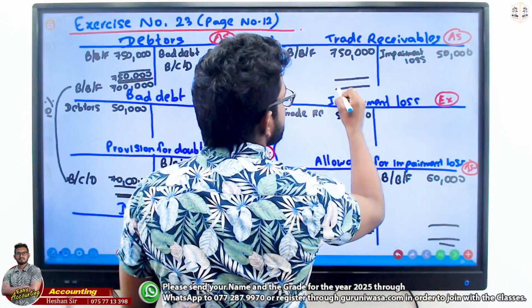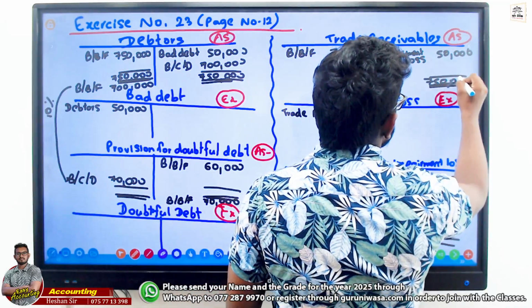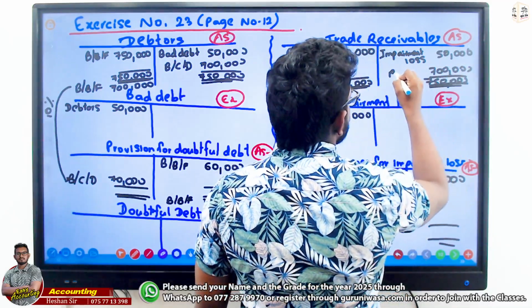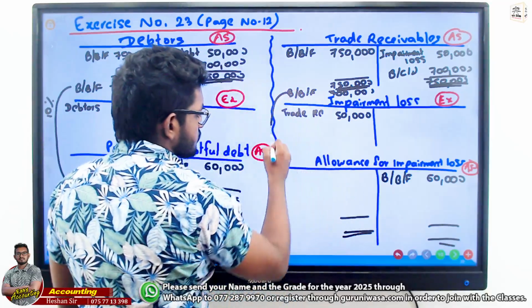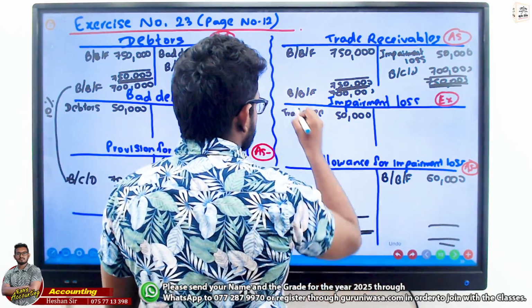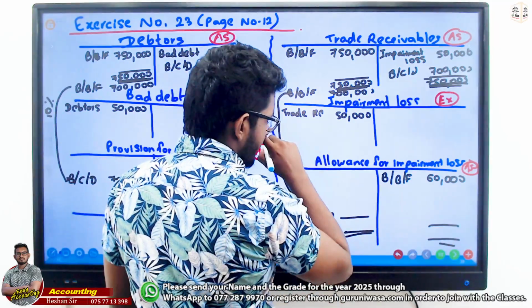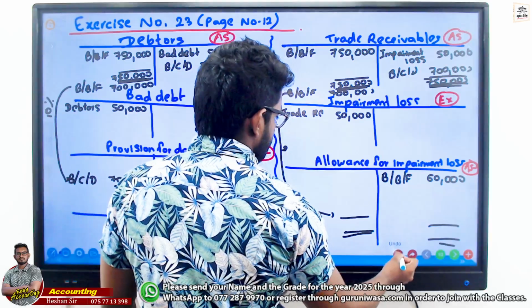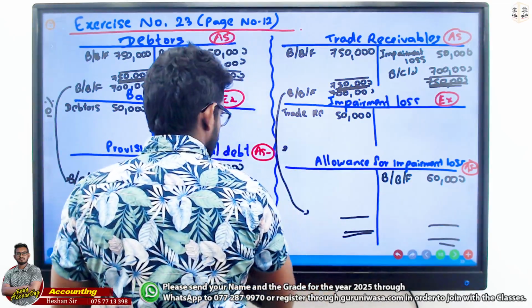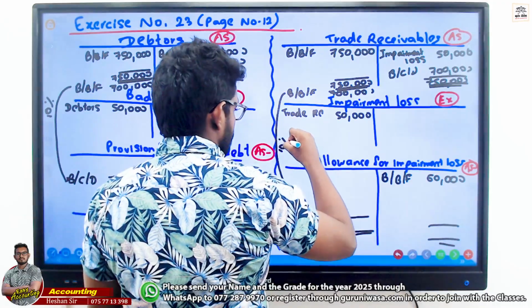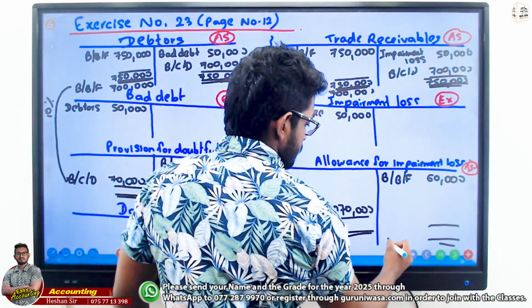First of all, we balance here, 750,000, 750,000, 700,000 BC, BBF 700. Which means it's 60,000. BCD 70, BBF.